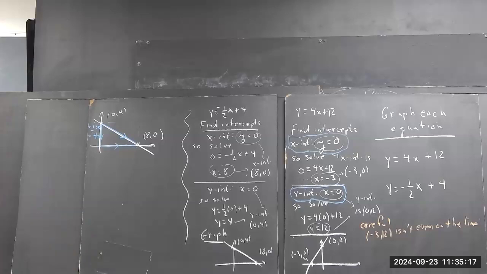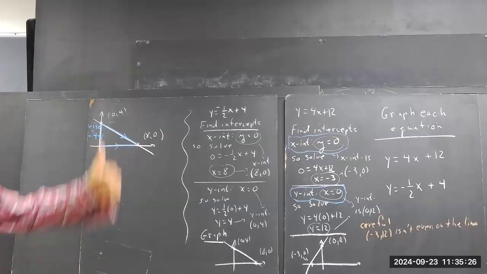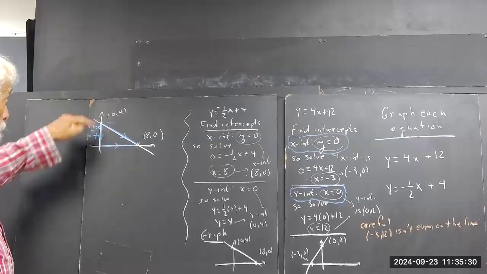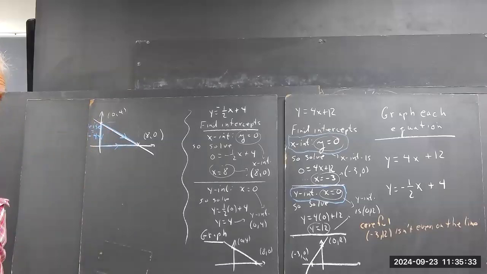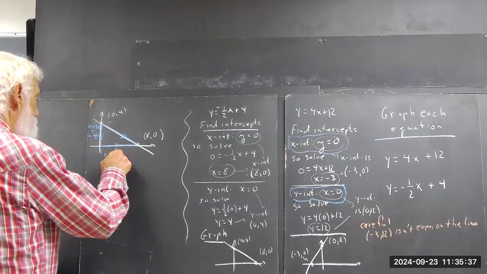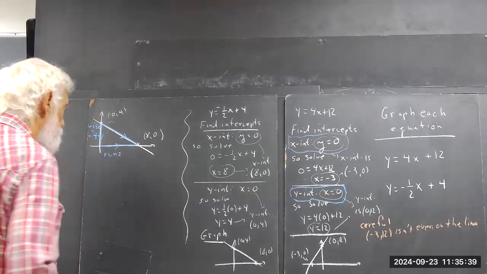Make sense? Why is this a rise? Well, we're going up or down, right? And negative rise meaning we're going down. If it was +4, that means we'd be going up, right? So this point is lower than this point, so our rise is -4. Our run is what?